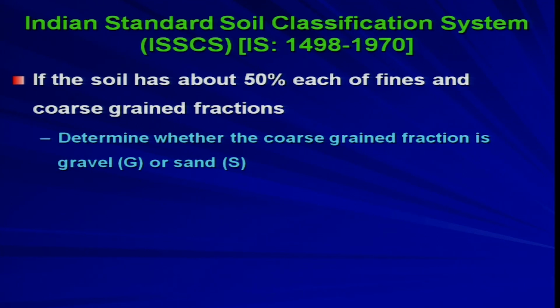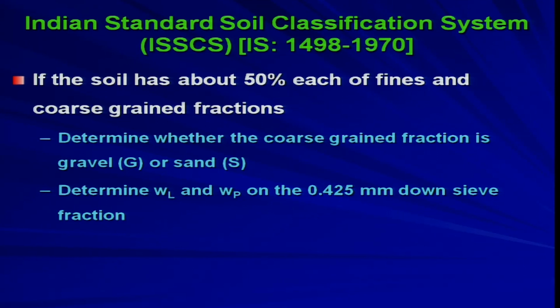So, you take whatever is retained on 75 micron sieve and then perform the sieve analysis again on 4.75 millimeter, and based on that you classify that as gravel or sand. Determine liquid limit and plastic limit on the 0.425, that is 425 micron sieve down fraction.